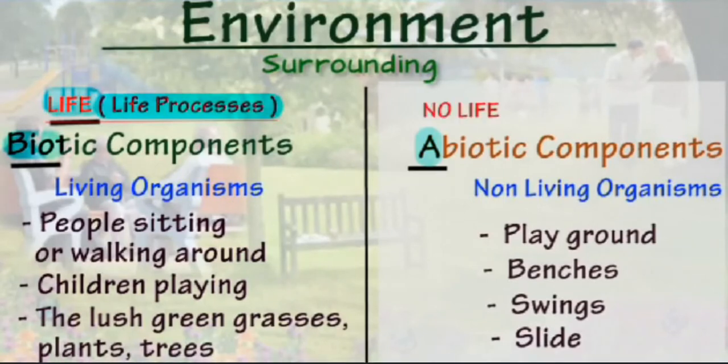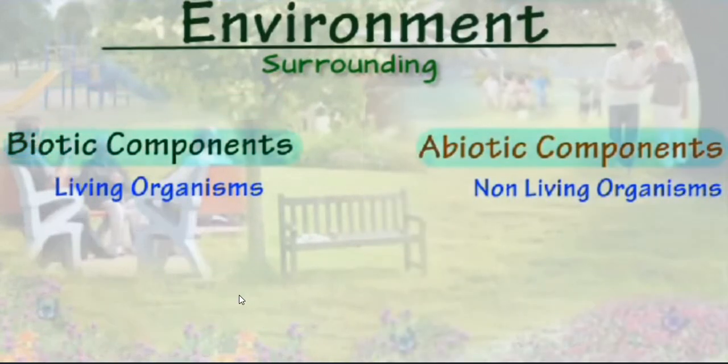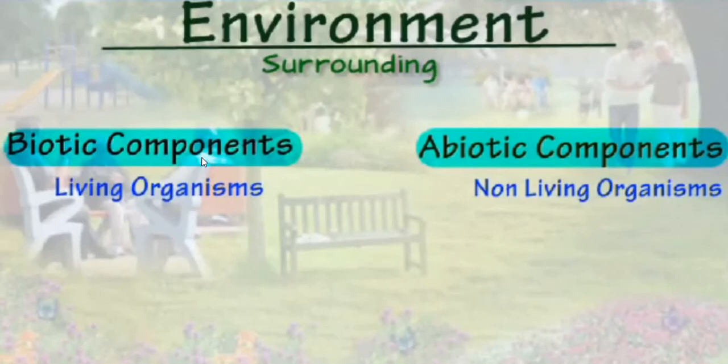The word a in the text means no. Whenever you add the word a in a term, it means no. Like maybe in math, you have studied symmetrical objects and asymmetrical objects, right? So we can divide things in our surrounding as biotic components and abiotic components.